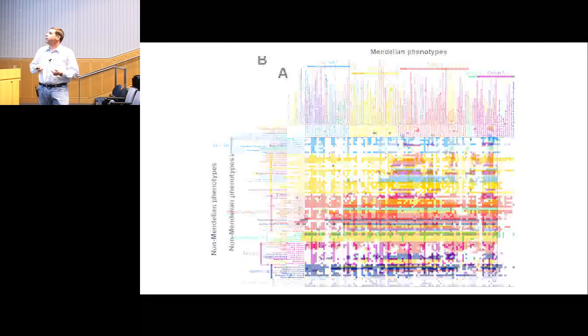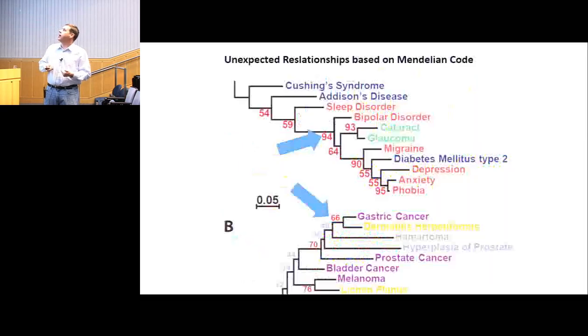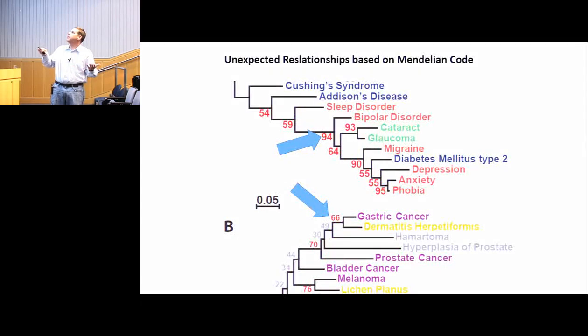One can cluster that, and you get a very high bootstrap value between bipolar disorder and glaucoma, for example. I thought that was surprising.